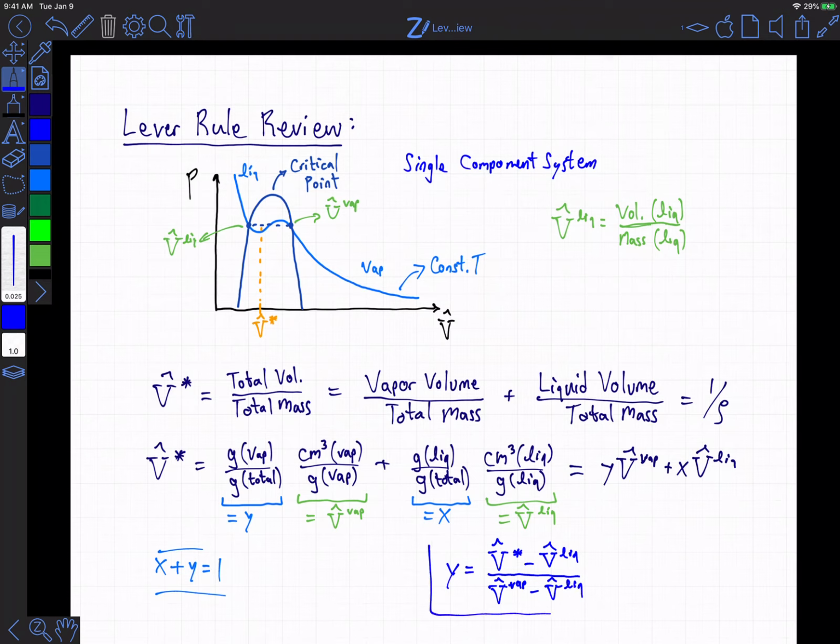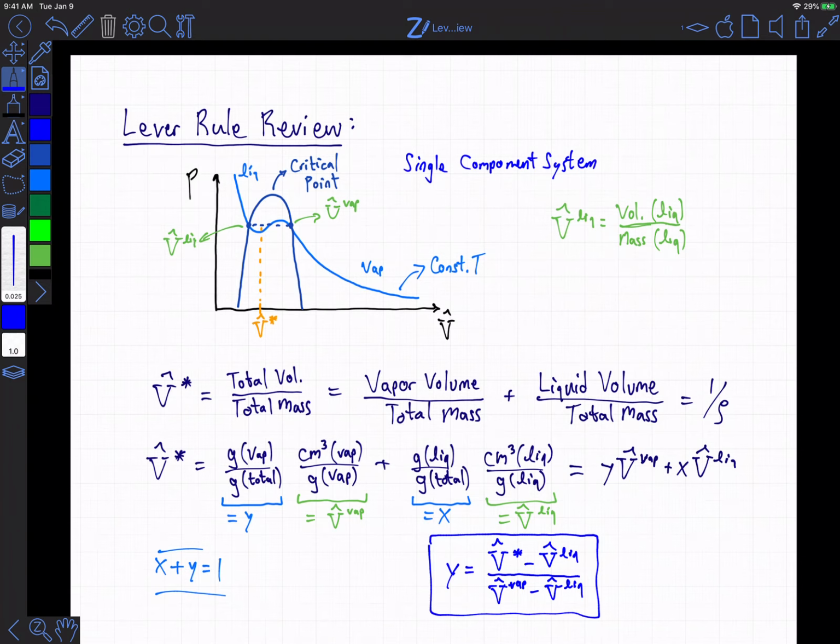And so this works well with volume, it works with moles, it works with mass. We'll see this throughout the semester, but we can use this lever rule to answer this question about, how much of the two different things do we have that are on either end of a tie line given some value that's in the middle. And in this case, V star, the specific volume of our actual system, right, is the volume in that piston.